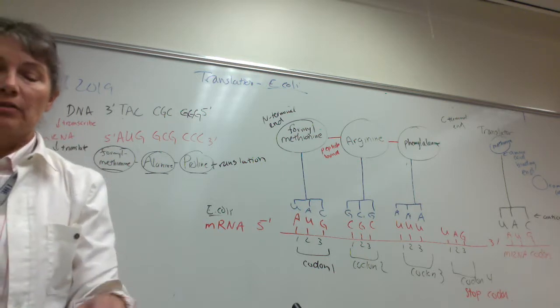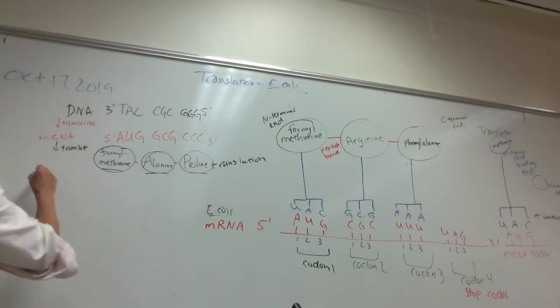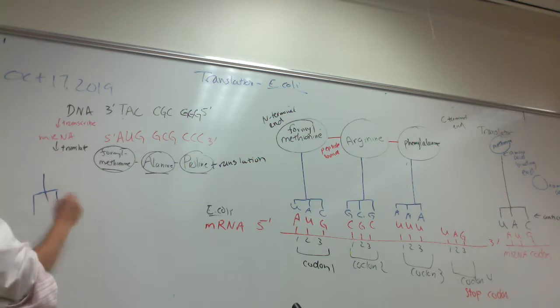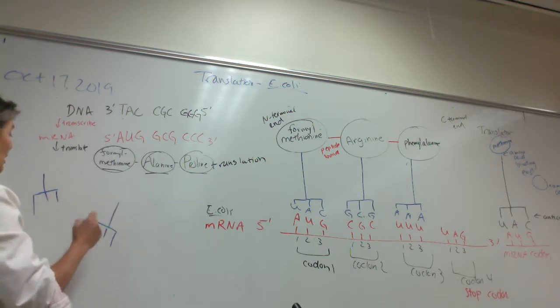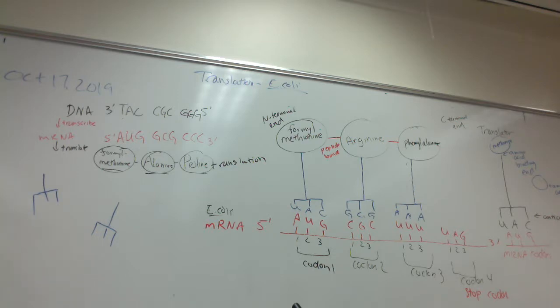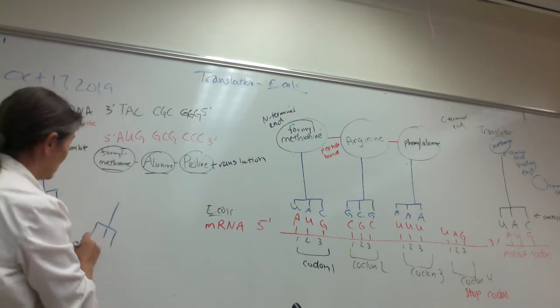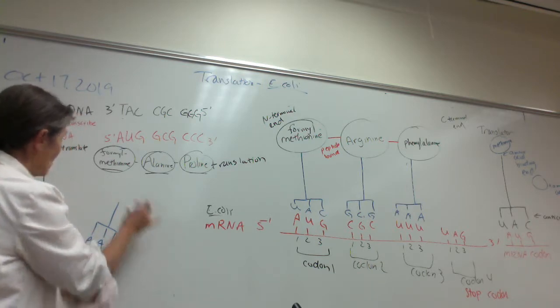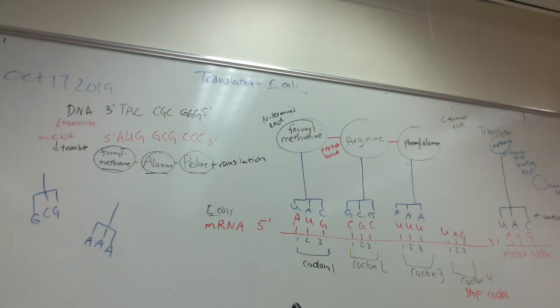So this means that in the cytoplasm, there are all of these empty tRNAs, right? And let's say they have anticodons. All the different tRNAs have to be loaded with the correct amino acid, right? That's the whole key to this event.